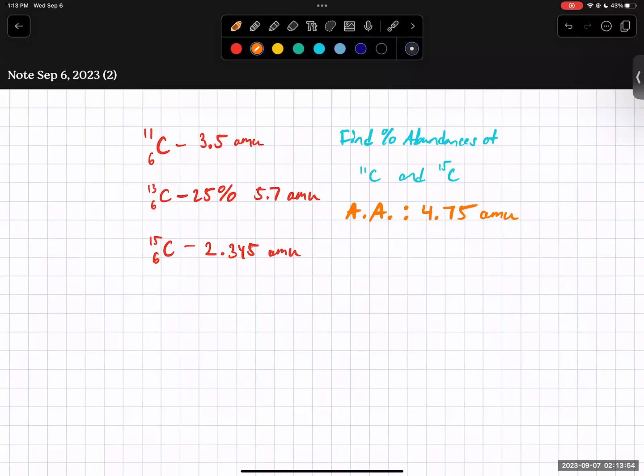So 4.75 alpha equals 5.7 times 0.25 plus 3.5 times 0.75 minus alpha X plus 2.345 alpha. I put X instead of Y, but it's the same. It will be the same.